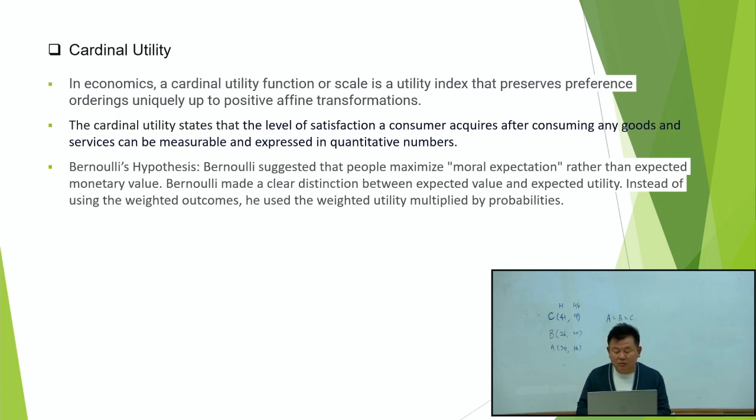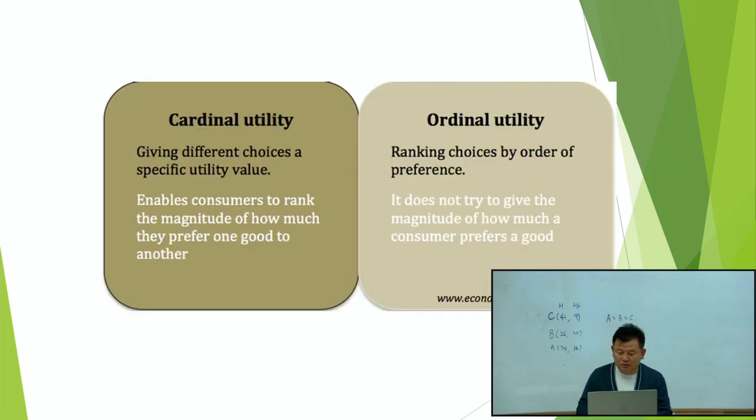So what is the difference between ordinal and cardinal utility? Let me show you the graph. Cardinal utility gives different choices a specific utility value, as I said, between expected value and expected utility. So it enables consumers to rank the magnitude of how much they prefer one good to another.